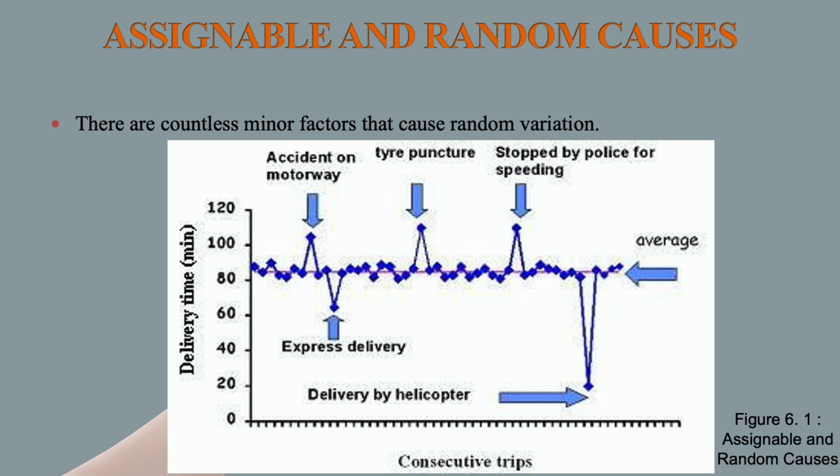But there are causes like an accident on the subway, or there may be a tire puncture, or a speeding car for which the traffic police may stop the motorist who is going to deliver the products. Obviously, there will be delay in such situations, and those are known as the assignable variables.